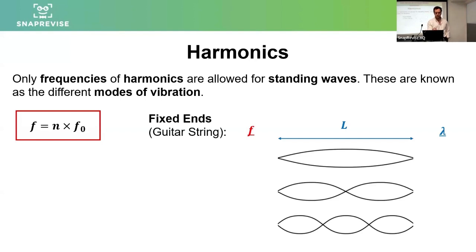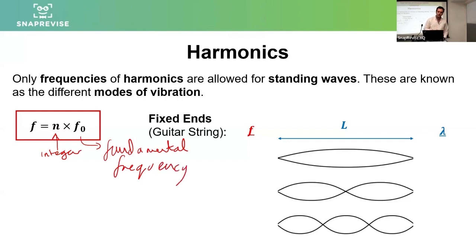The frequencies allowed are an integer multiple, so that's just any old integer, of the fundamental frequency of a given string. This number f0 is characteristic of a certain string. It depends on what it's made out of, depends on how thick it is, and so on and so forth.